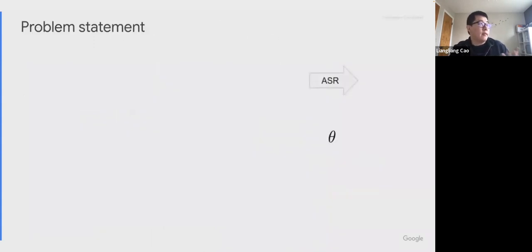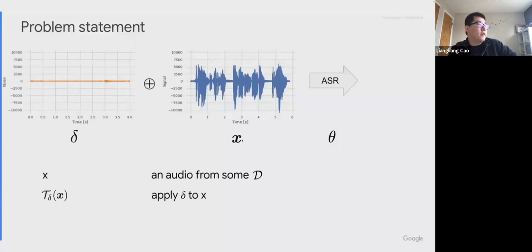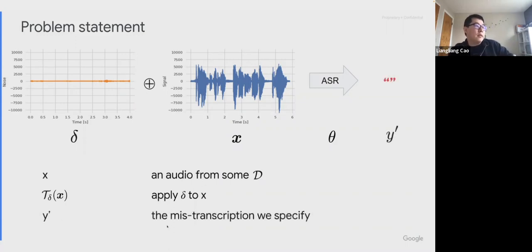So here is the problem statement. Suppose we have an ASR model defined by parameter theta, and we have X, some audio speech signal, and we want to apply a perturbation delta to X, so that hopefully the prediction Y becomes almost empty.